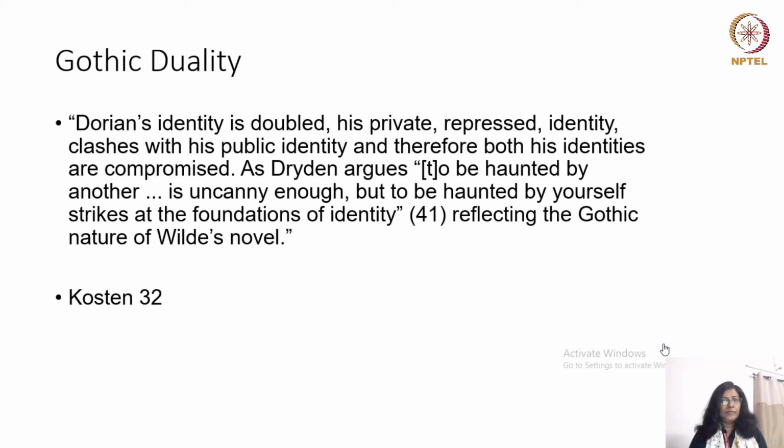We understand that it's uncanny to be haunted by something, by some other figure or object. Now, what Dorian is being haunted by is his hidden identity, his private identity. We saw how he has several identities, at least two, the public and the private. Now, Dorian is being haunted by this private identity which is congealed in this portrait, which is becoming ghastly day by day.